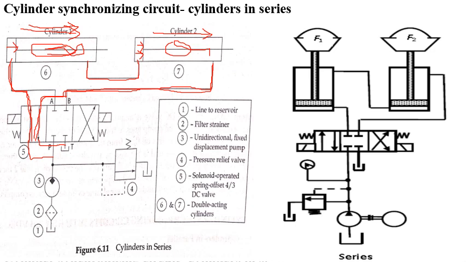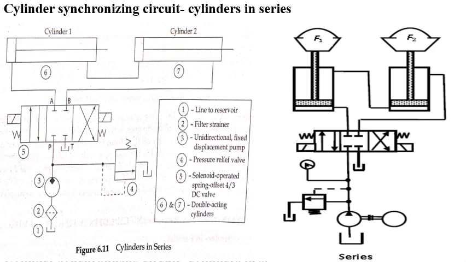Next operation is the retraction operation. Here first cylinder 2 will retract, then cylinder 1 retracts. Let's see how it is happening. Here this one is connected here and this is connected to here, or we can change connections.